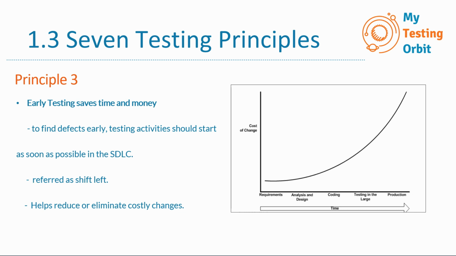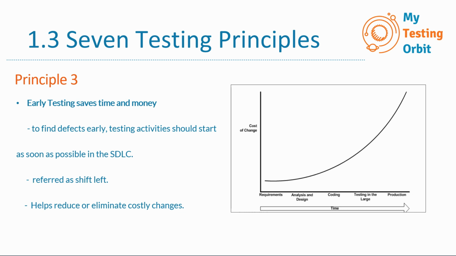Okay, if we refer to this diagram, we can see on the left hand side, on the y-axis, it's the cost of change, and on the x-axis we have different phases of an SDLC. So we can see that the cost of change increases when we find, let's say, an issue in production, and if we are changing something at that time, that will be costly.